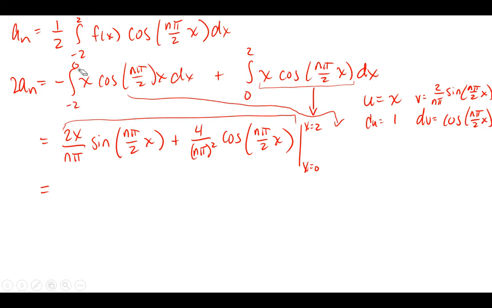Now, of course, normally I would do them in that order, but there's a negative in front of this. So either I could rewrite this with the negative distributed, or a slicker way is to just plug the bounds in reverse order.